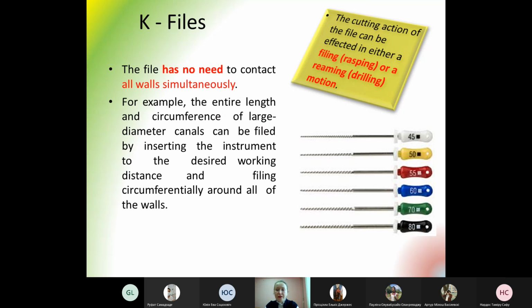For example, the entire length and circumference of large diameter canals can be filed by inserting the instrument to the desired working distance and filing circumferentially around all of the walls. Here you have these files with a geometric symbol on the handle of the instrument and color coding of the instrument.